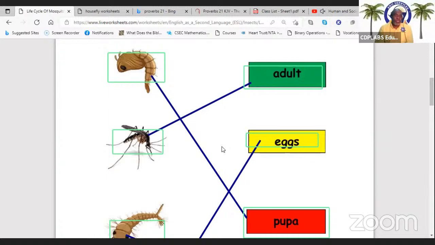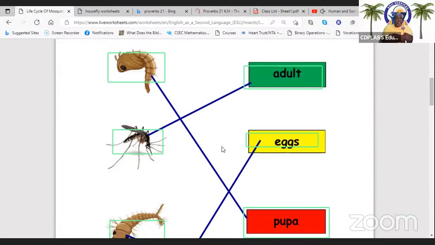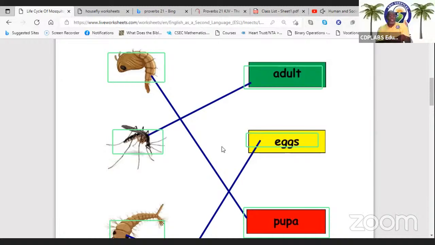Very good. Then it goes to the larva, then the pupa, and then the adult. Very good. As simple as it is, they ask those questions in the exam, and you'll start to use past papers shortly.